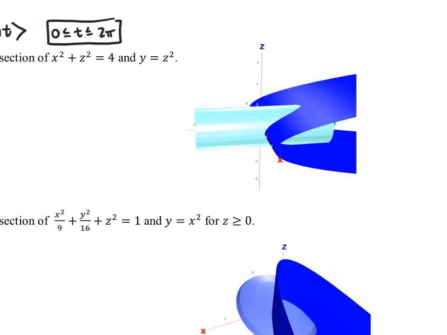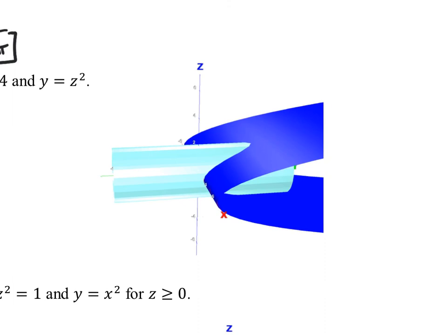So here is the picture, and I can't really rotate it, it's just sort of stuck there, but you can see, I believe, the light blue cylinder that's centered on the y-axis, and then you can see this infinite parabola that is infinite along the x-axis. Now again, you can see the intersection, I hope.